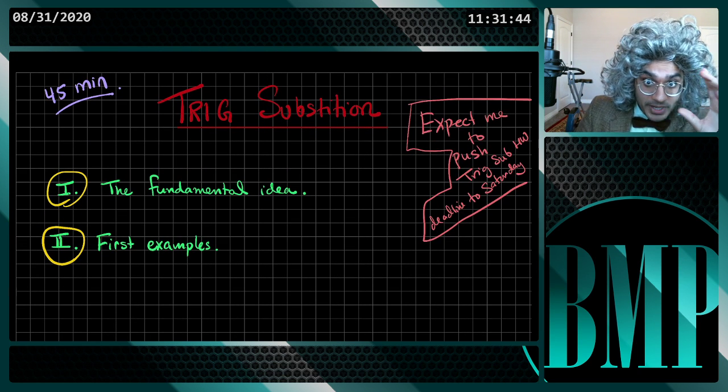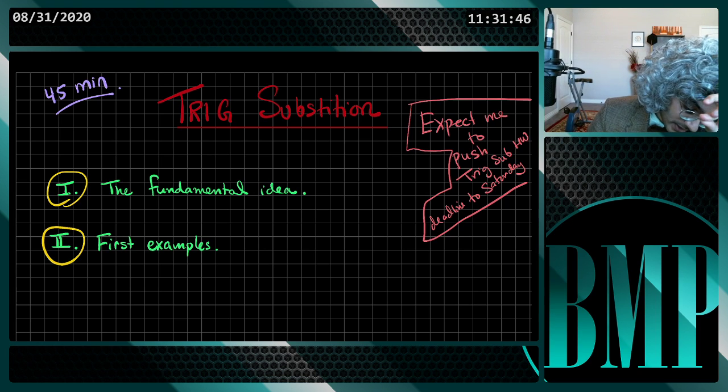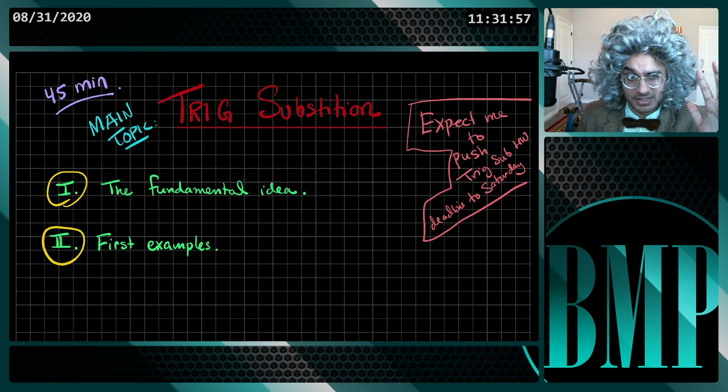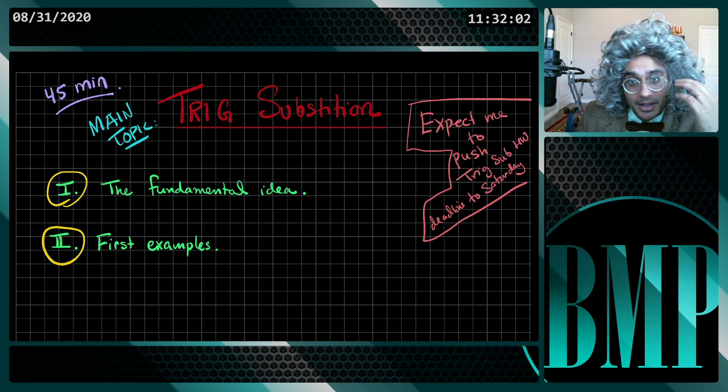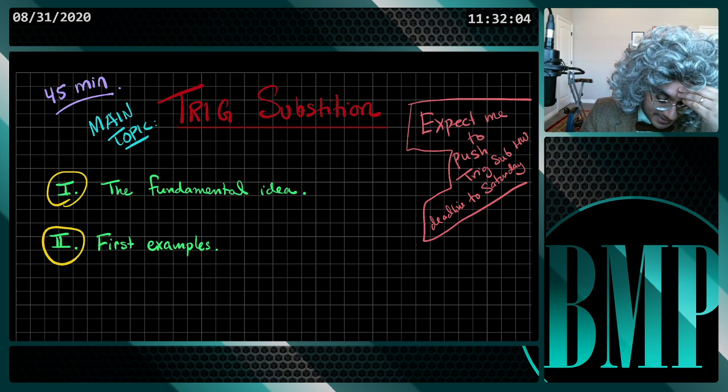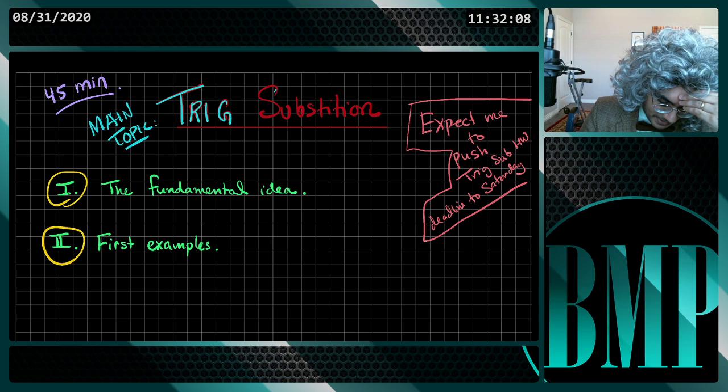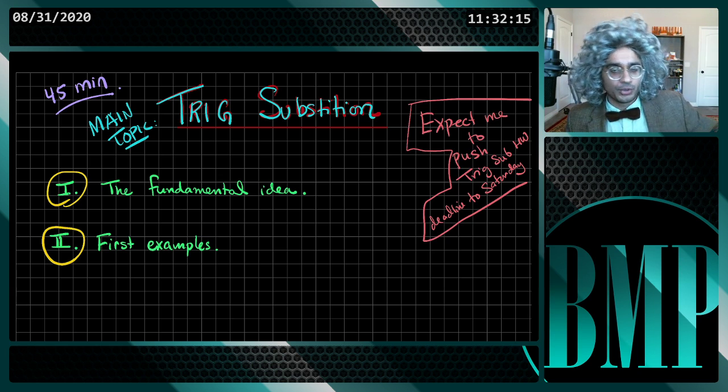Our topic for this week, mostly the main topic, is trig substitution. Ew, bad. But what I'm going to show you is that it's not that bad. Trig substitution is just another tool in our toolkit.